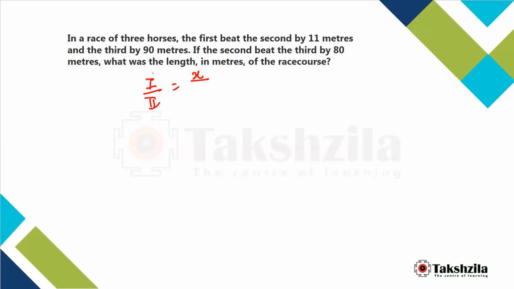First beats second by 11 meters, so x minus 11. First by third is x by x minus 90. Second by third will be x by x minus 80.